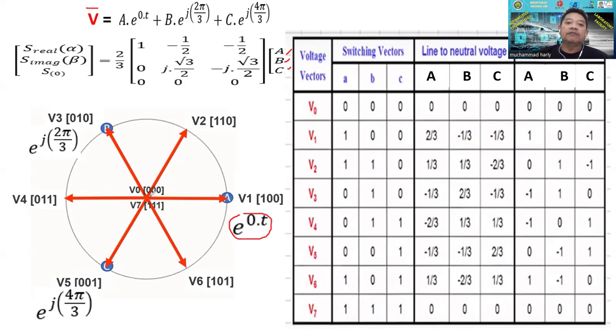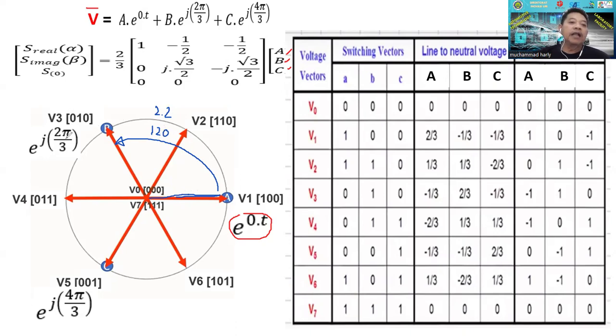Because the vector here has a distance from the normal line of 0. If it turns to the next position of the phase, to B, this is a 120 degree shift from 0, or in radian is 2π/3.